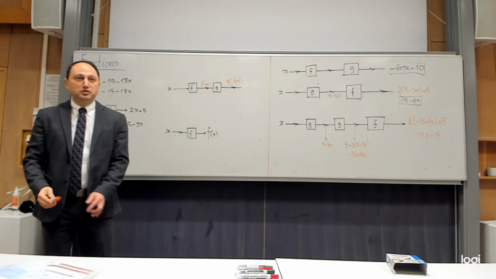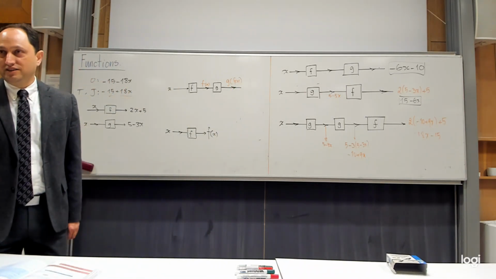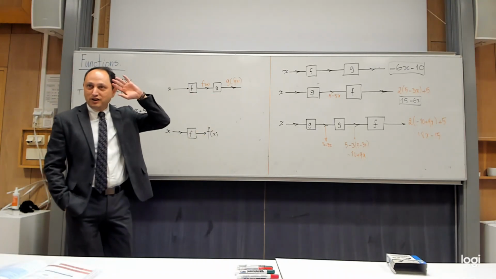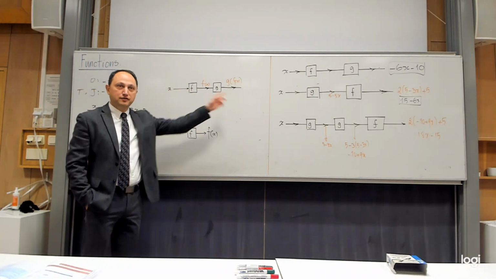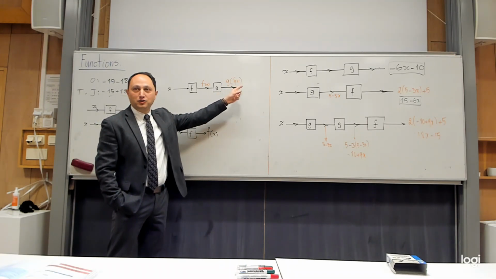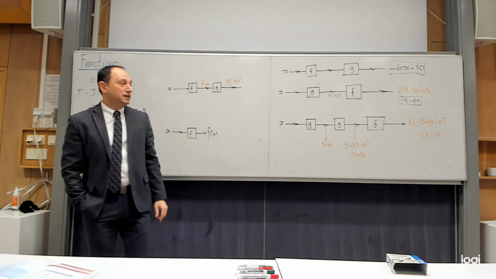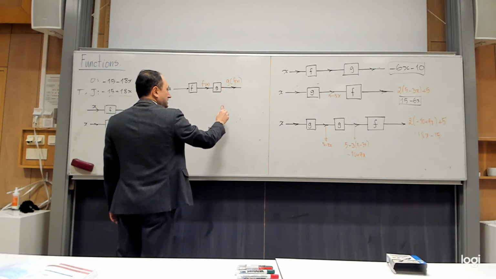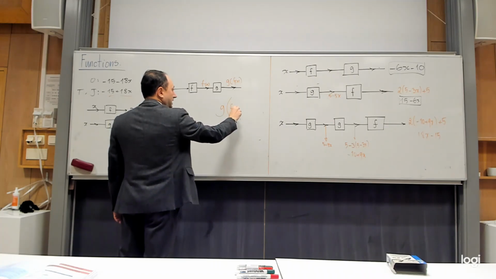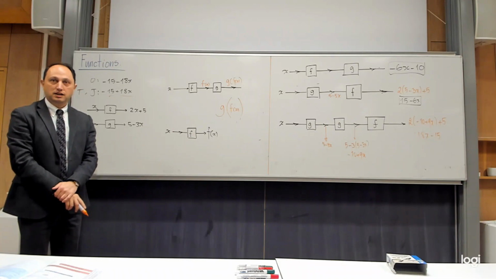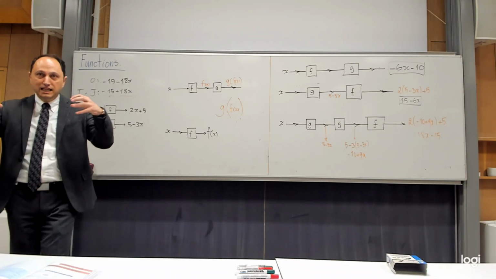And this is a little bit unfortunate. If you write it in the machine, it is very natural. We go from left to right. But if I want to write it in mathematical language, it is the other way around. But this is not very strange if you get used to it. So when I say g of f of x, which one is acting first? f is acting first, the inner function.